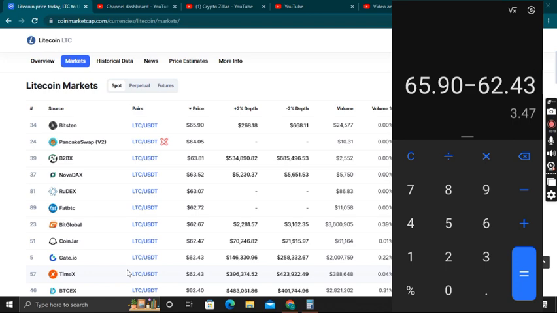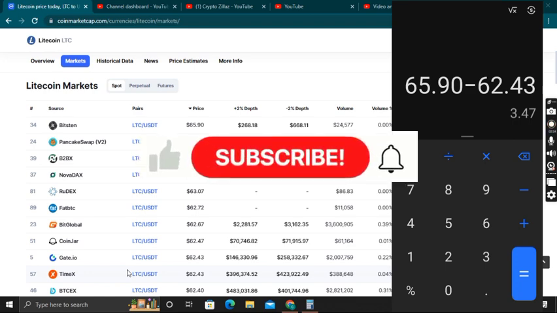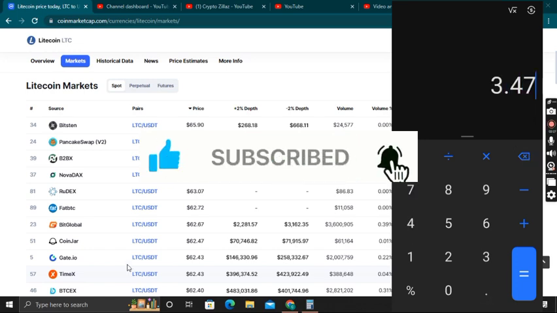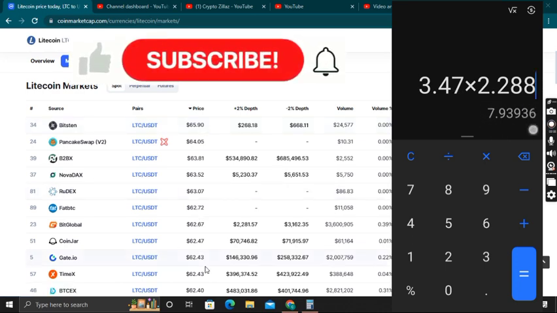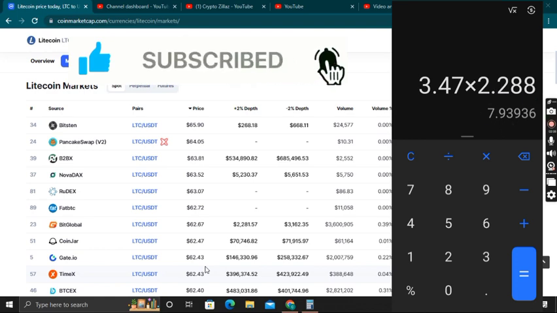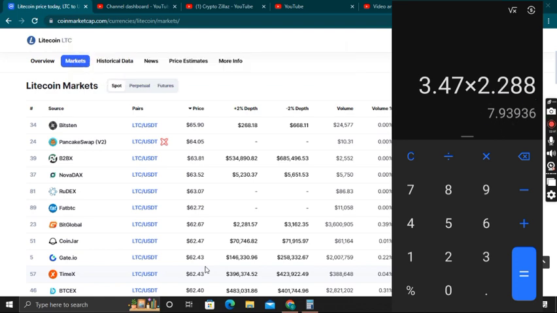Remember, we'll have 2.288 Litecoin, so we multiply 3.47 times 2.288. So we'll be making $7.9 from a single transaction with 100,000 naira on this arbitrage.